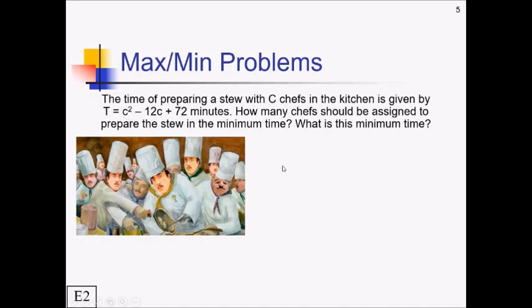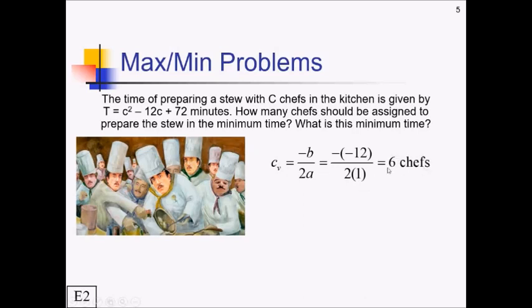So I've got c_v equals negative b over 2a. So we've got negative 12 for that b value over 2 times an invisible 1 next to the c squared. And that's really 12 over 2, which is 6. So this is saying that we should have 6 chefs as the ideal number.